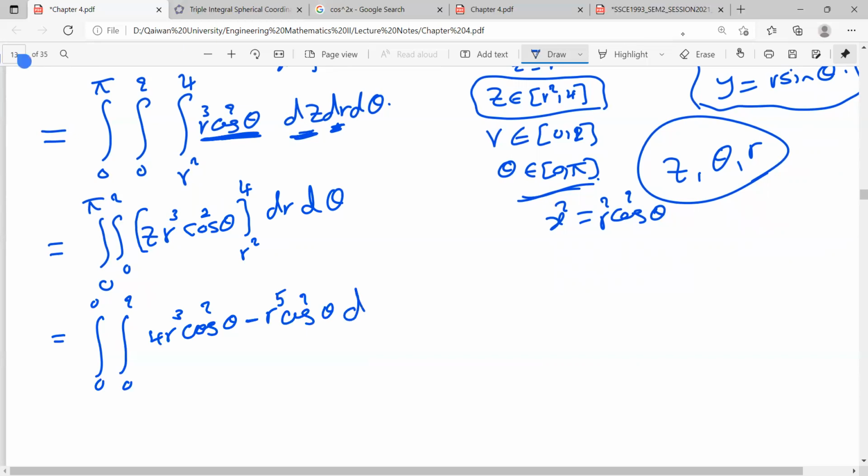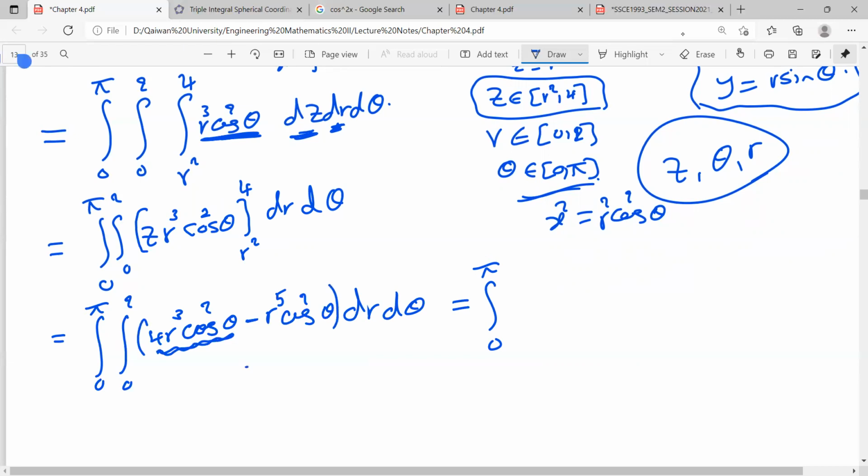Now we have two more integrations. First with respect to r and the second with respect to θ. The integration of this function with respect to r equals the integration from 0 to π, sorry, from 0 to π.